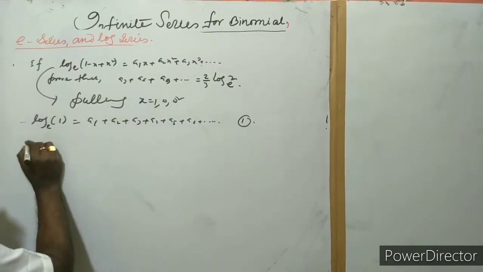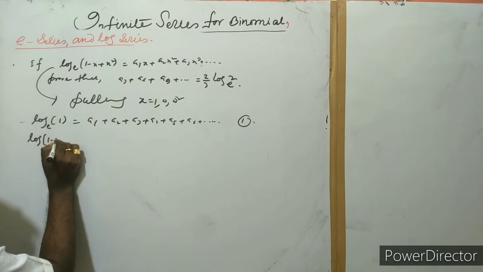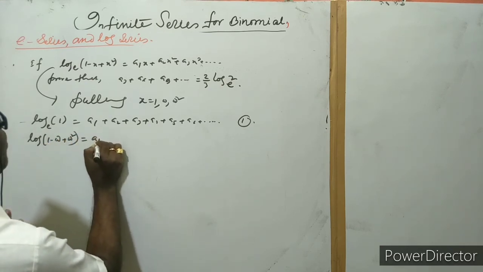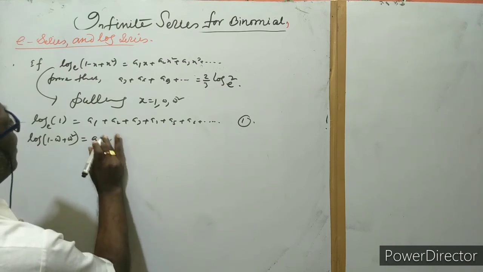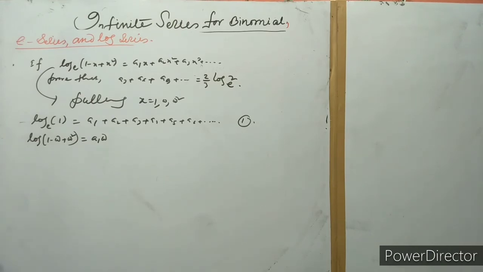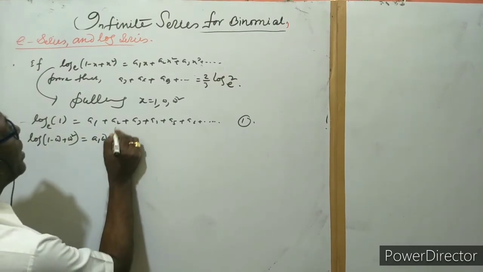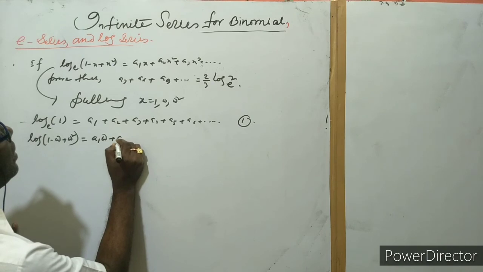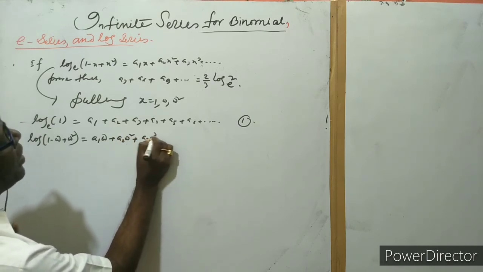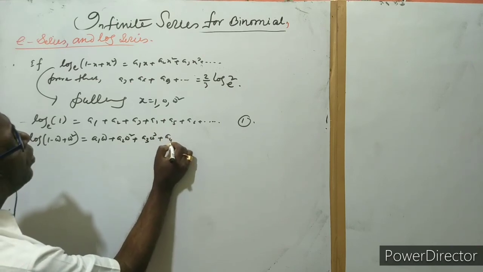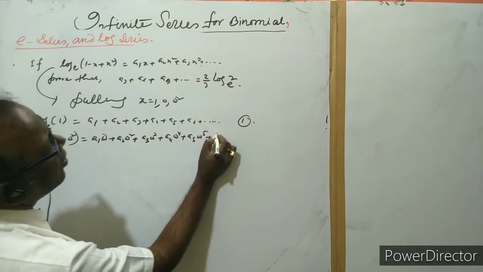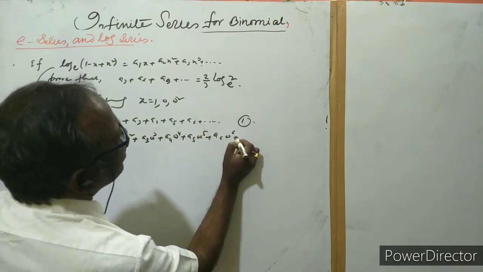If we put omega, then what do we get? 1 minus omega plus omega square. This is a1 omega plus a2 omega square plus a3 omega cube plus a4 omega to the power 4 plus a5 omega to the power 5 plus a6 omega to the power 6.